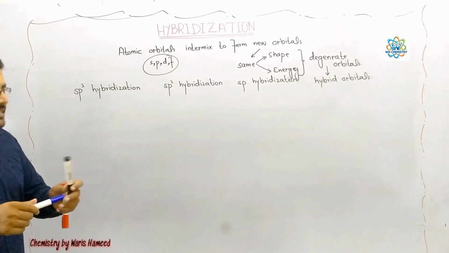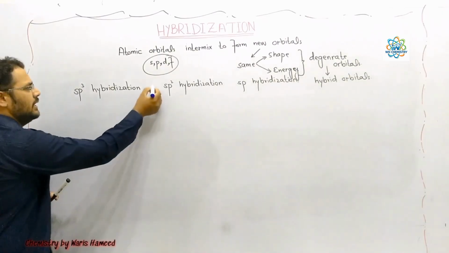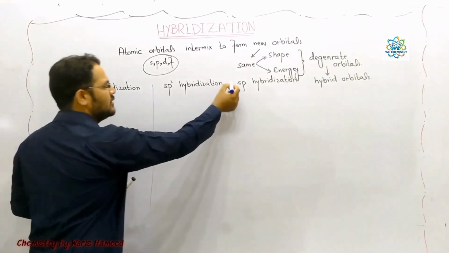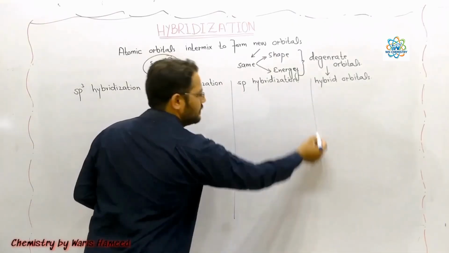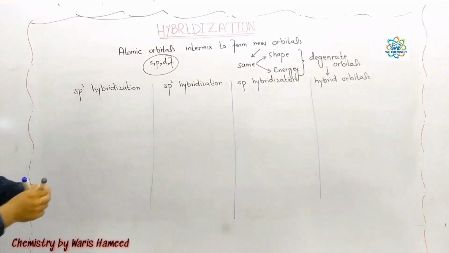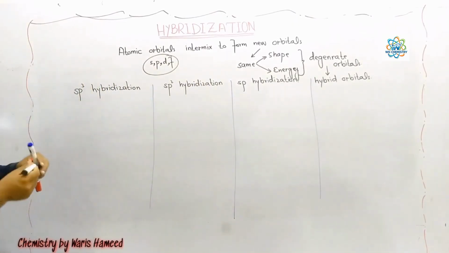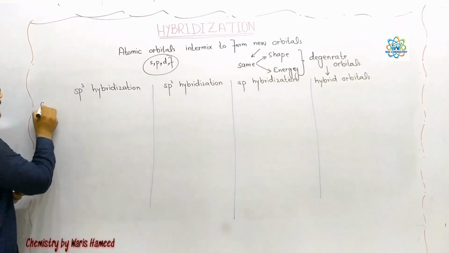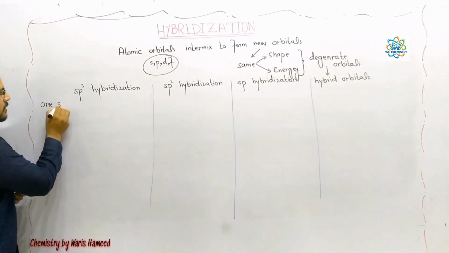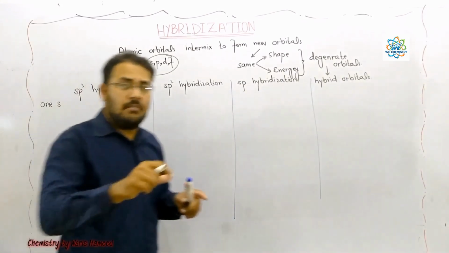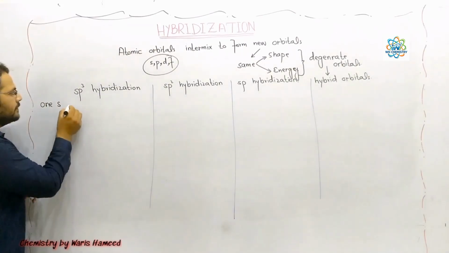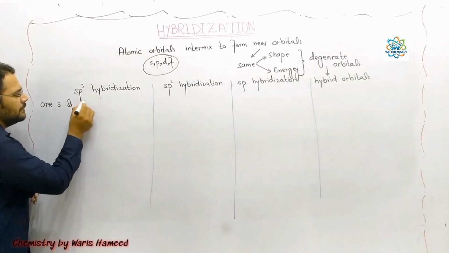Now a little discussion about sp3, sp2 and sp hybridization. We can define sp3 hybridization as 1s, where s is an atomic orbital, and 3p.